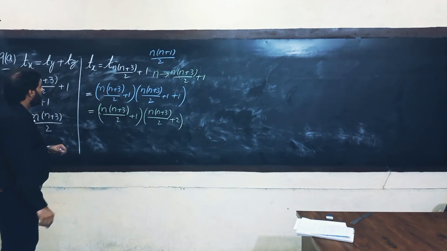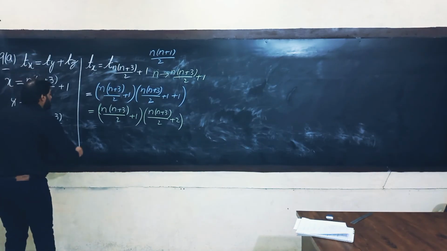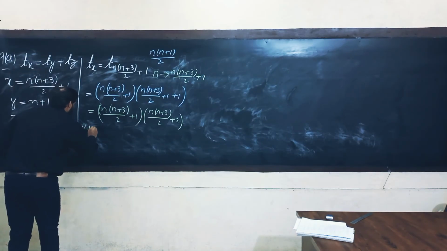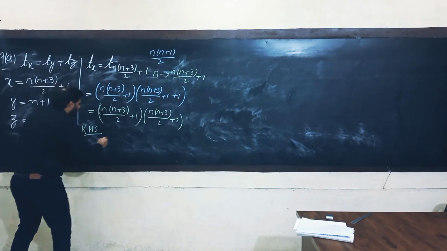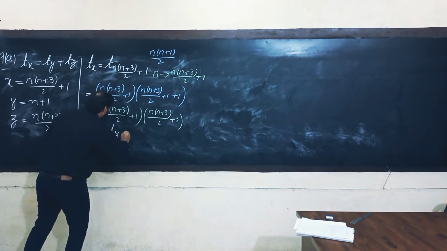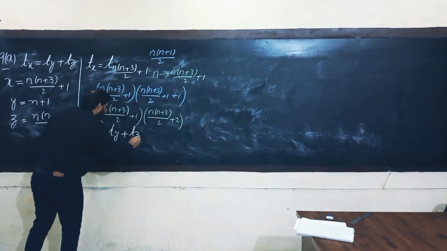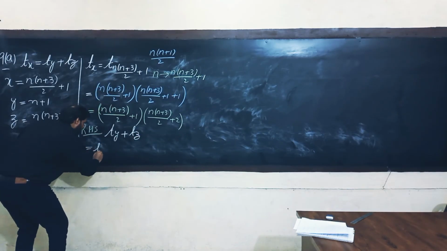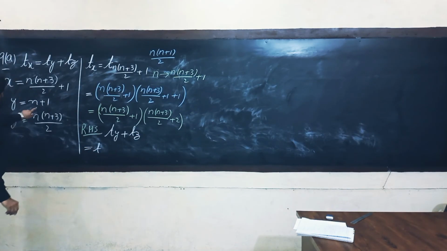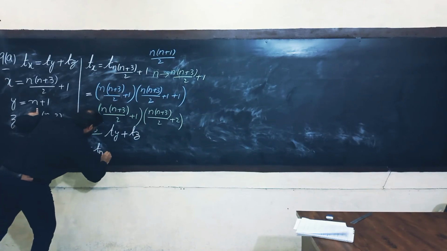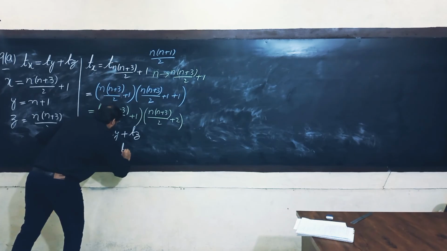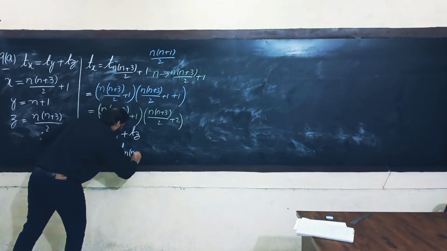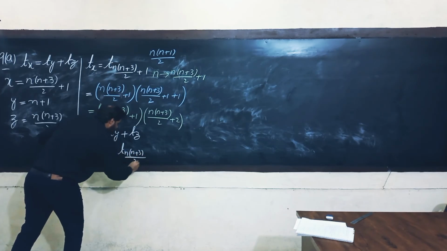We will not solve this side further. Next, the right hand side. The right hand side is Ty plus Tz. What is y? Y is here n plus 1. And what is z? Z is n into n plus 3 over 2.